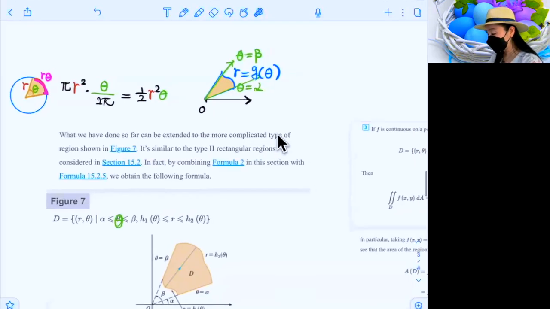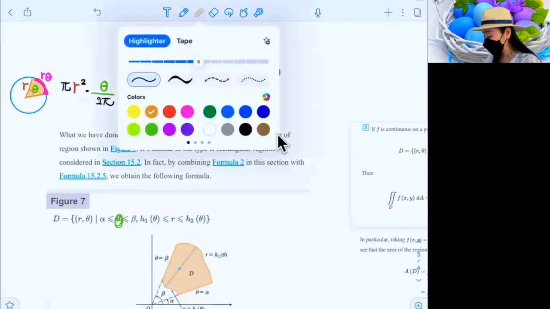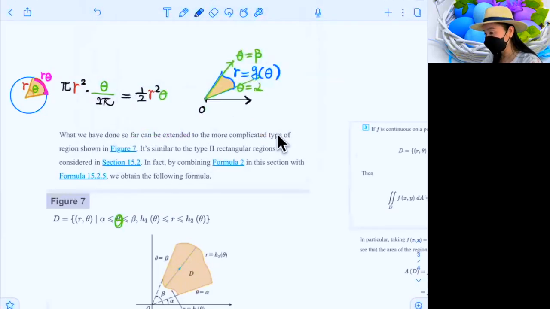Now, at that time, we divide that into small segments. Just like in calculus, we always divide things up into small segments. Each segment is almost like a part of a sector of a circle.